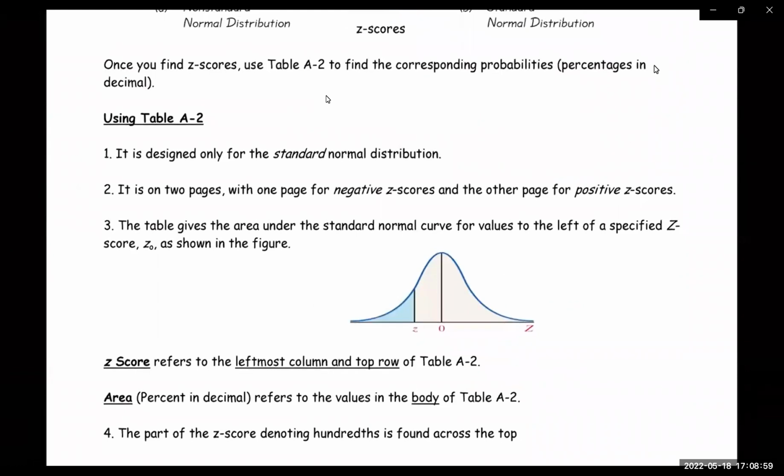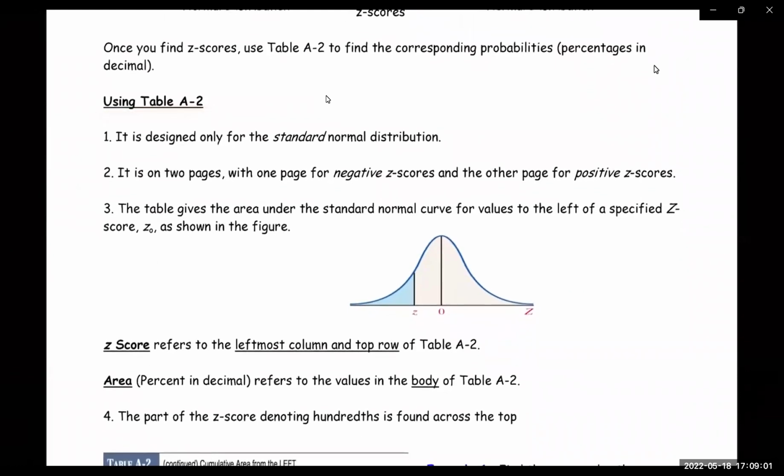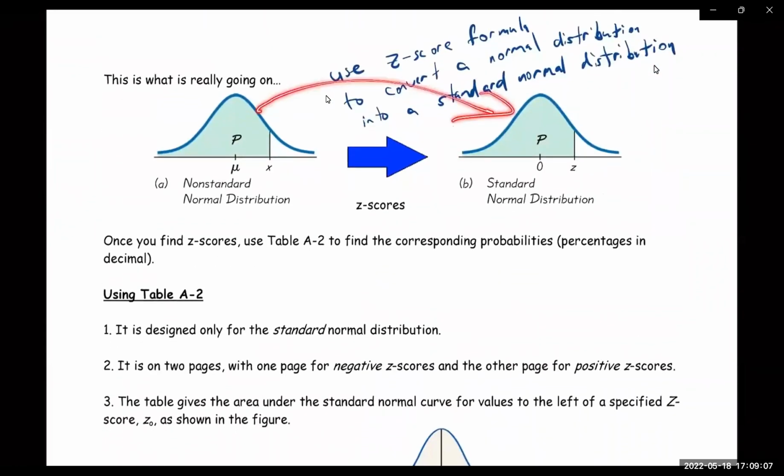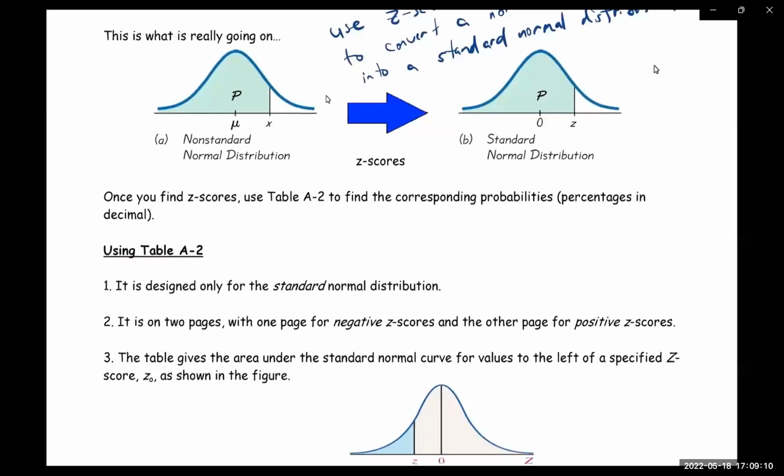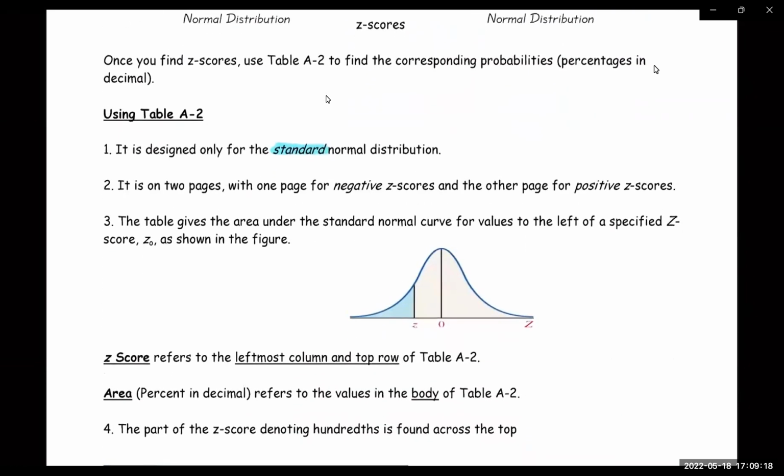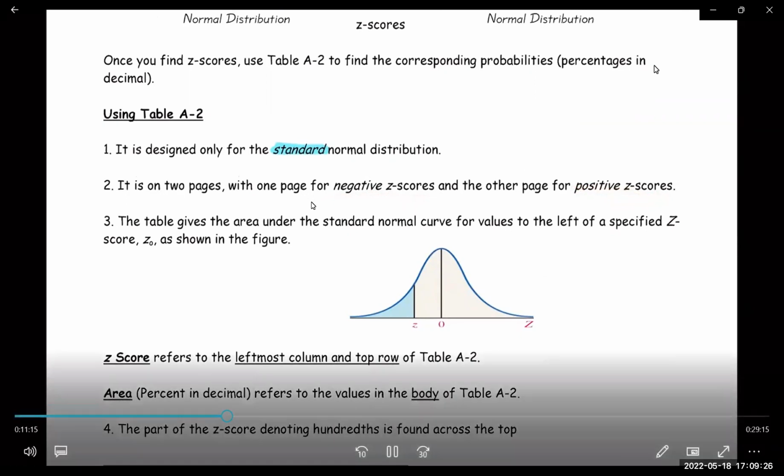Using a table, it is designed only for standard normal distributions. That's why you have to convert if you're going to use a table, because the table only works for standard normal distributions. It doesn't work for any normal distribution. It is on 2 pages. One has negative z-scores and the other has positive z-scores. The table gives the area under the standard normal curve for values to the left.